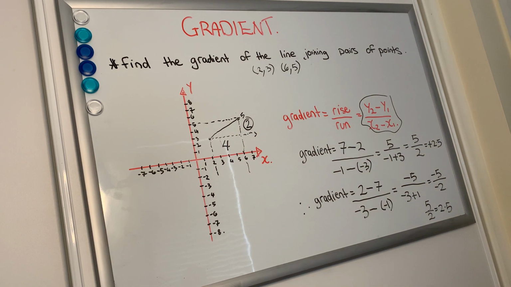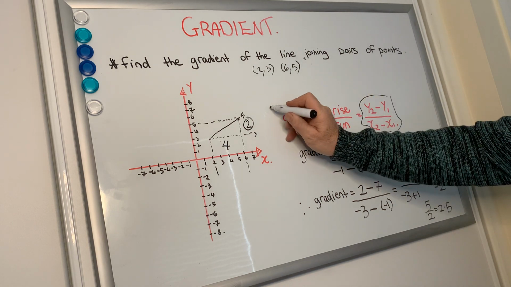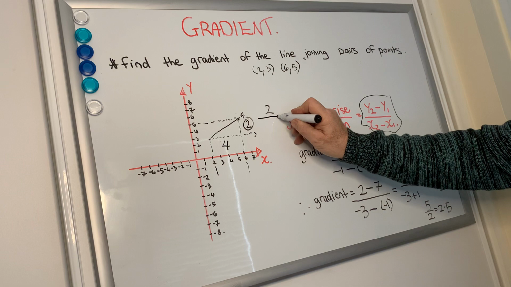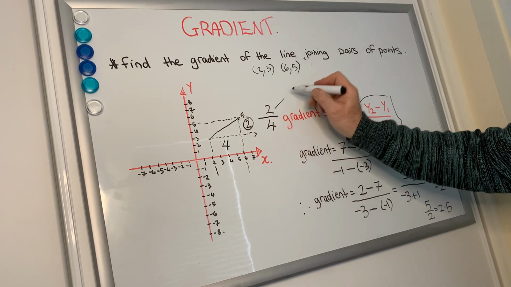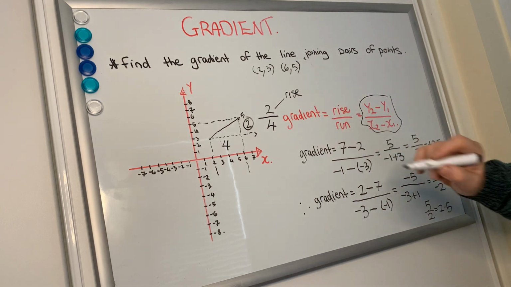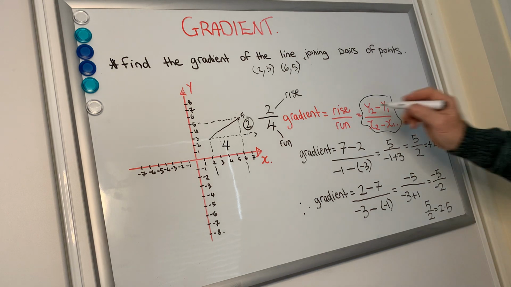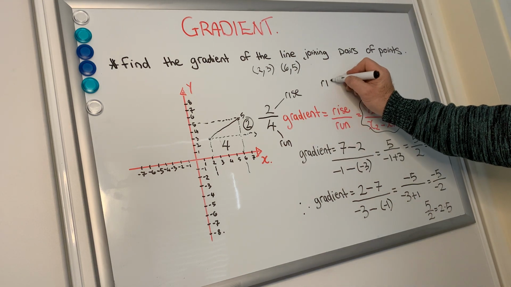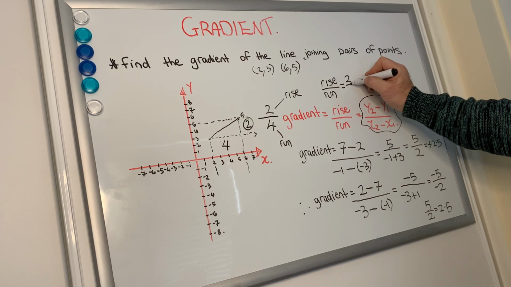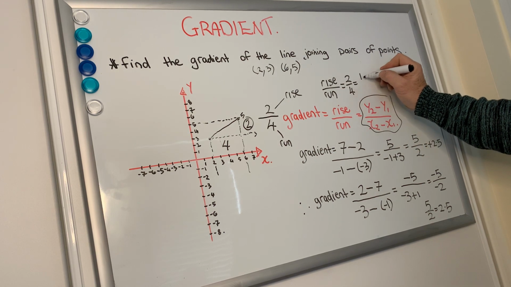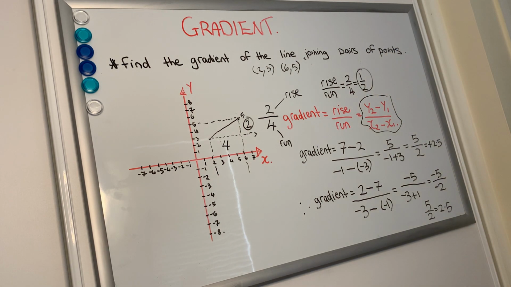So the gradient on this one is our rise, which is 2, and our run, which is 4. That means our rise over run is equal to 2 over 4, which is also equal to 1 over 2 simplified. Okay, and it's a positive relationship as well.